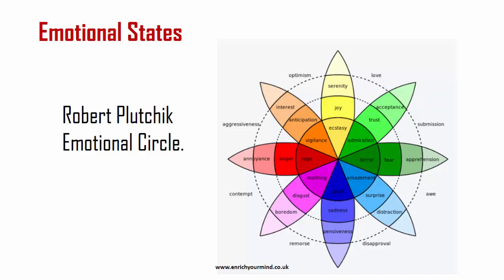Now, here's what I call Robert Plutchik's emotional circle, or wheel of emotion. If you watch certain movies or read certain books, you observe the transition of emotion from fear to terror to suspense to vigilance to anger to happiness to awe.